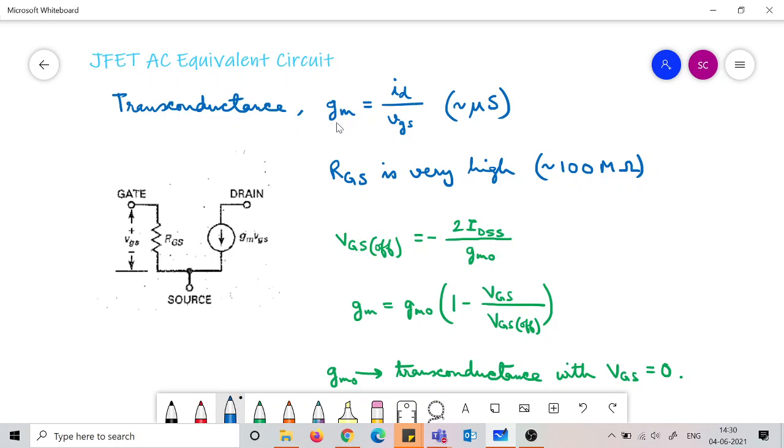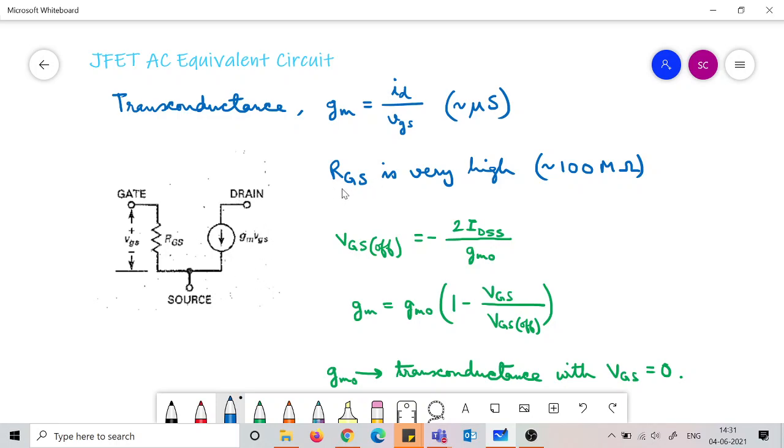Since it is a conductance parameter, it is measured in Siemens, and it is normally in the order of microsiemens. So gm is in the order of microsiemens. You multiply this with VGS and you get ID, whatever is the output current you are getting.